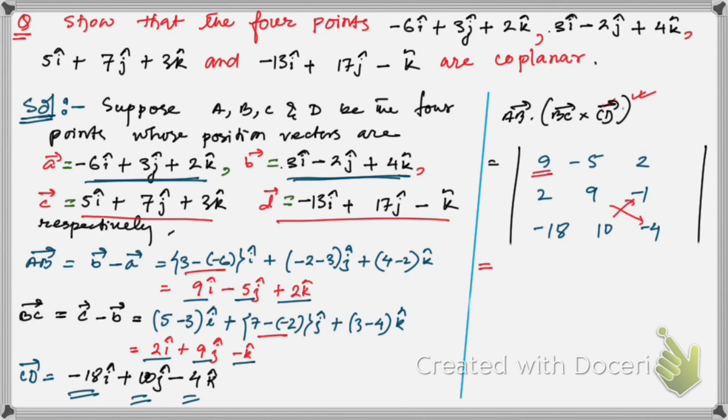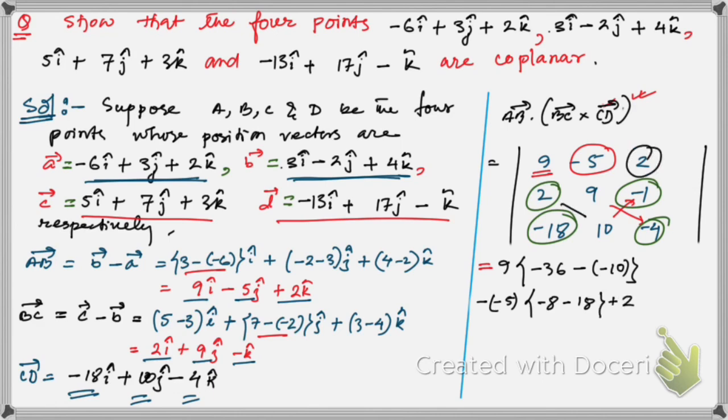So 9 into this, then minus 5 into minus 5, and that's what we're going to get. Then 2 into this 2 and this 2. I hope you know how to determine this determinant.